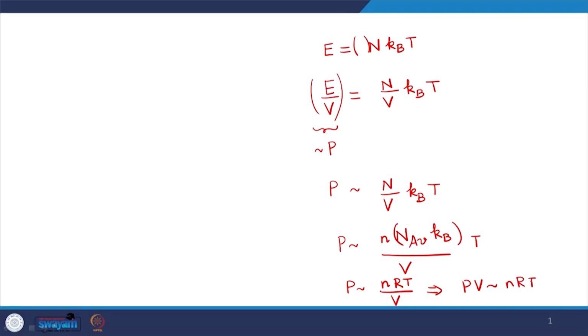That is not a very rigorous derivation. We will derive that more formally later in the course, but you can see how the pressure is also coming from the same kind of principle.